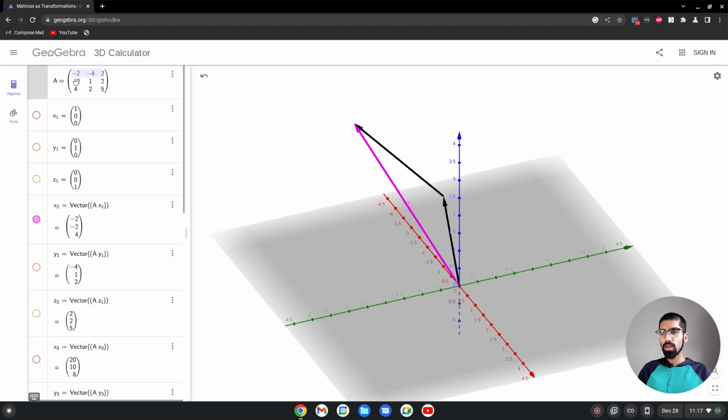So whenever you read a matrix, what it really means is this matrix is taking the standard basis vectors and turning them into these other vectors via transformation. You can get that information directly from reading the matrix.